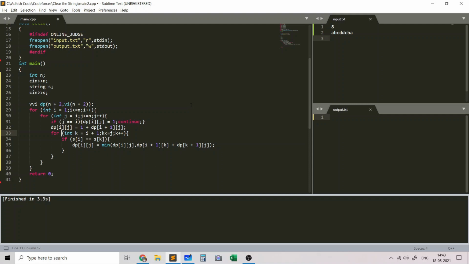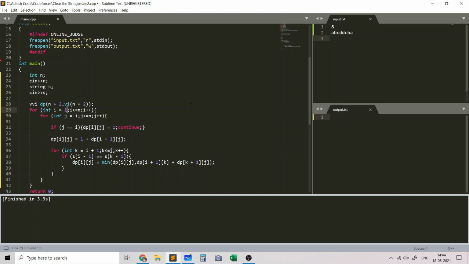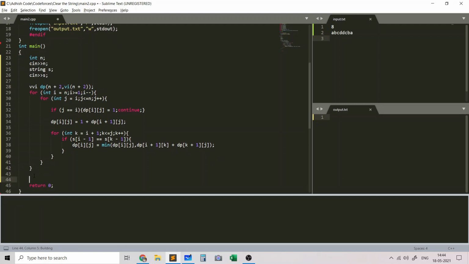We need to be careful that we need to use s of I minus 1 and s of k minus 1, and we also need to iterate I going from n to 1 because we need dp of I plus 1 before we compute the value of dp of I. So let's just output the value of dp of 1 to n, which is our final answer.